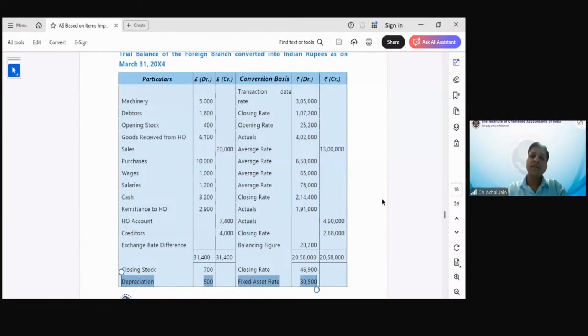Because this is something which will go in line with the machine, otherwise your carrying amount of the machine may not match. Yes or no? Clear?